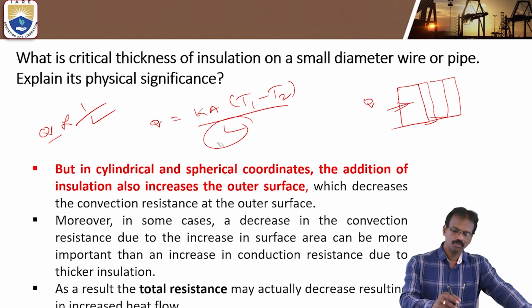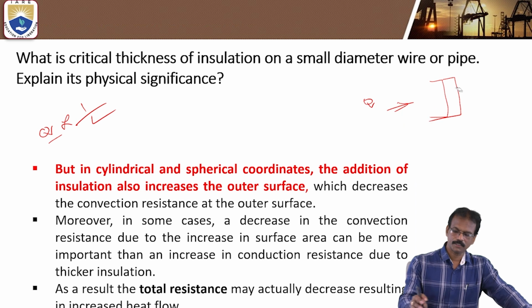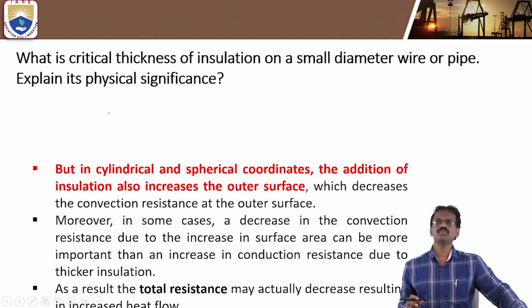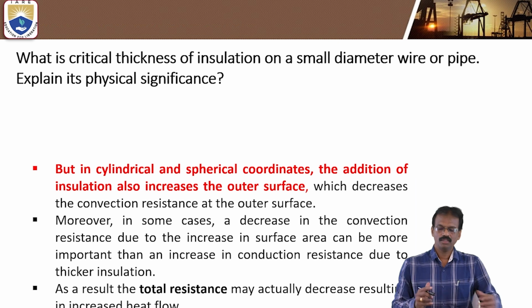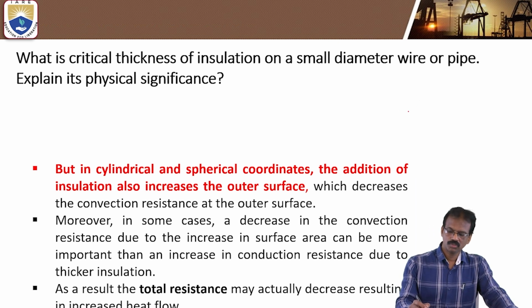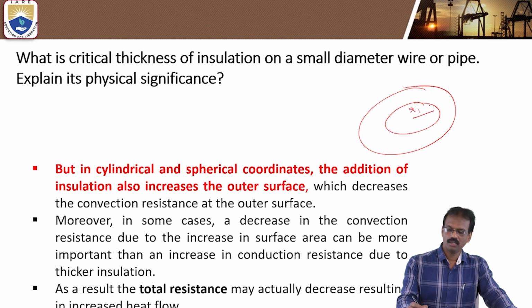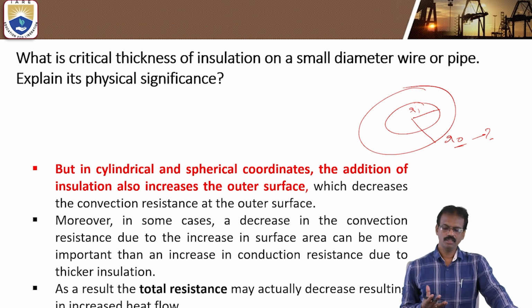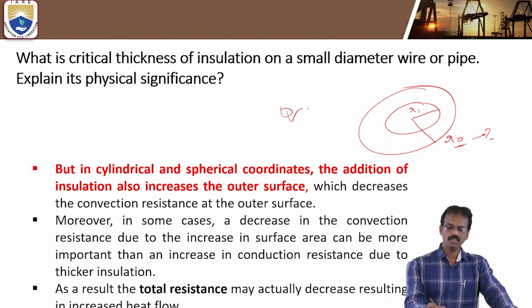But in the case of cylinders, it is the opposite. Suppose this is a hollow cylinder. This is the inside radius Ri, and this one is the outside radius R0. If you increase the R0 value, automatically the heat transfer rate Q should decrease.